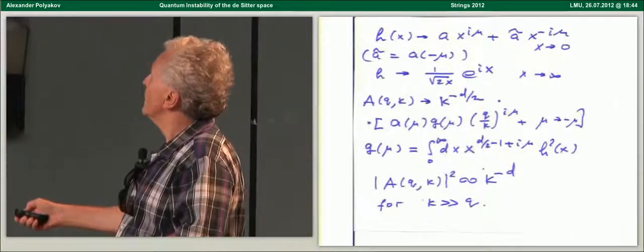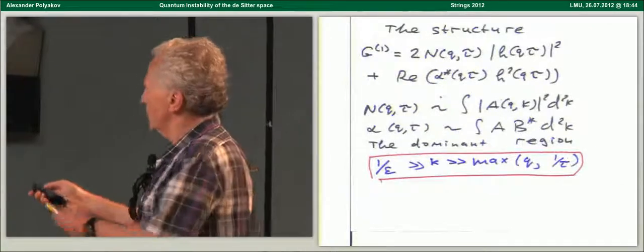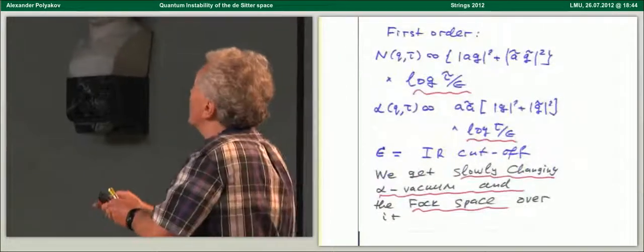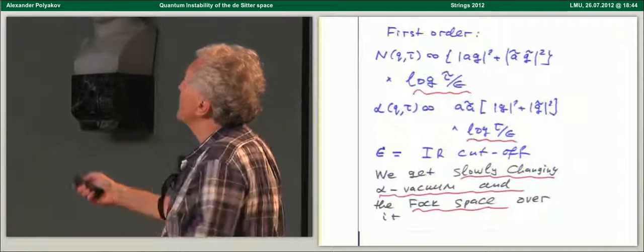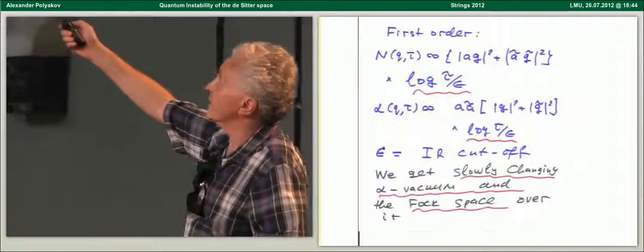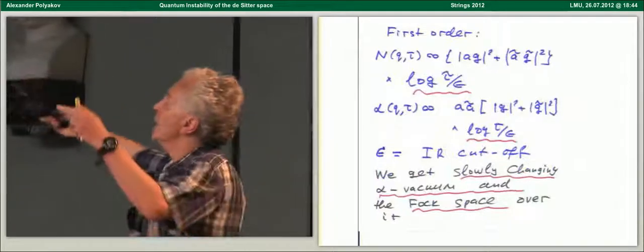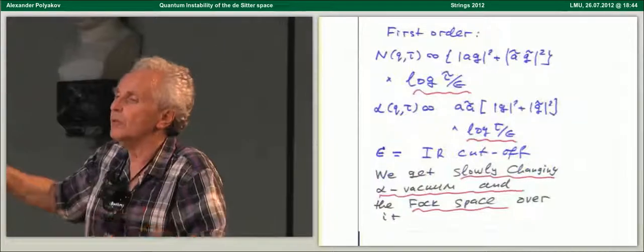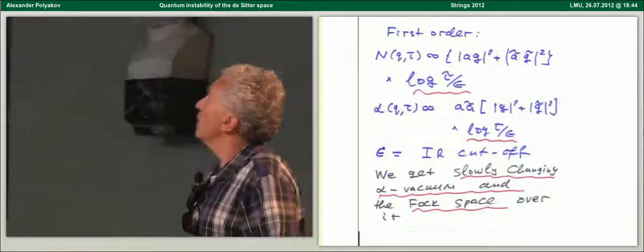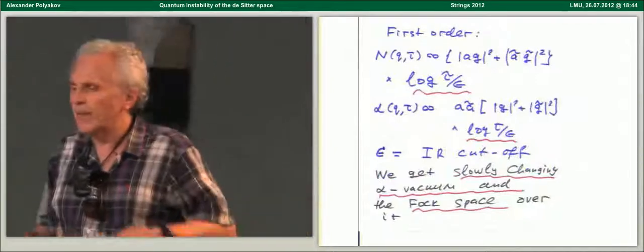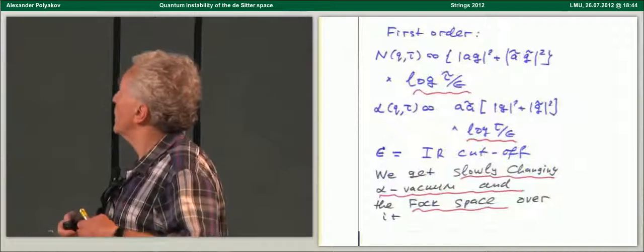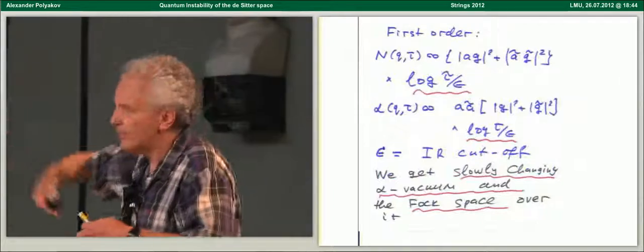And as a result, I have to go quickly here, you have two factors. You have, first of all, a logarithmically divergent occupation number and a logarithmically divergent Bogolyubov coefficient. So as a result, we end up with a slowly changing alpha vacuum.